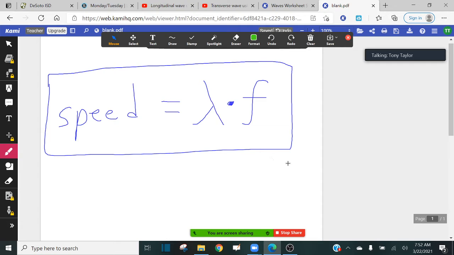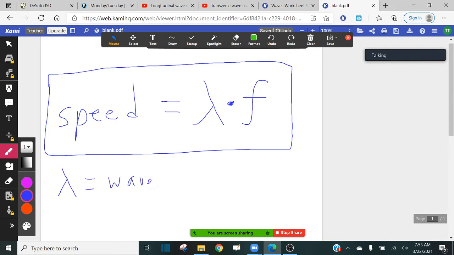Anytime you see this symbol lambda, that means wavelength, and obviously f just means frequency.